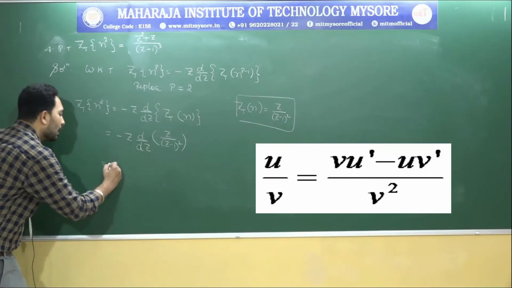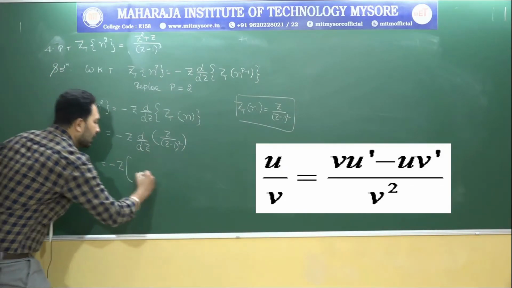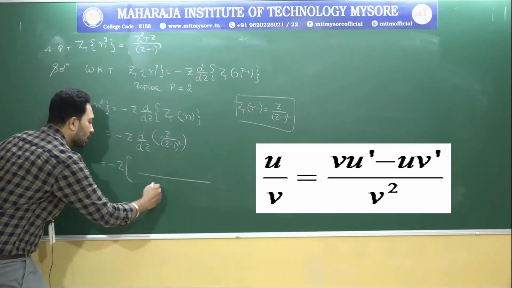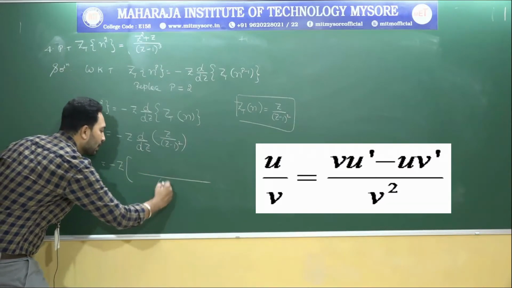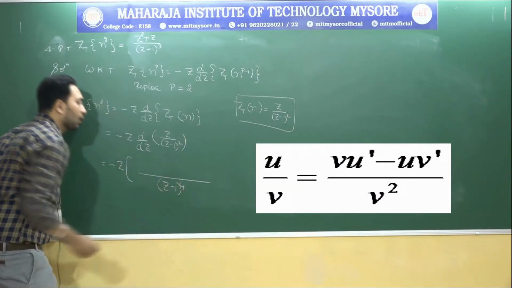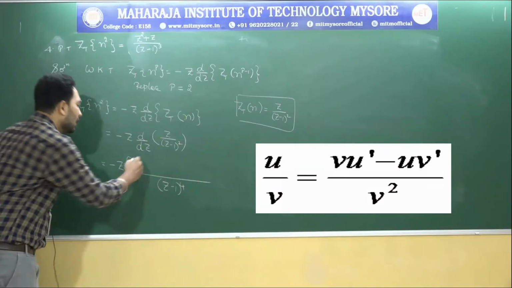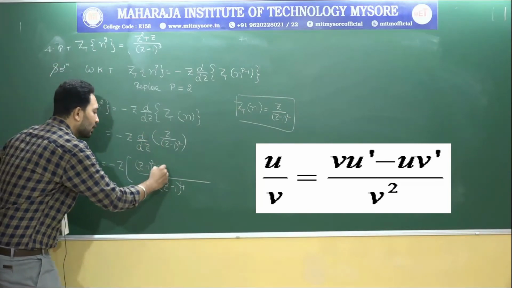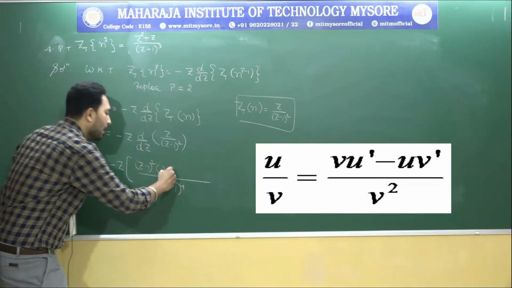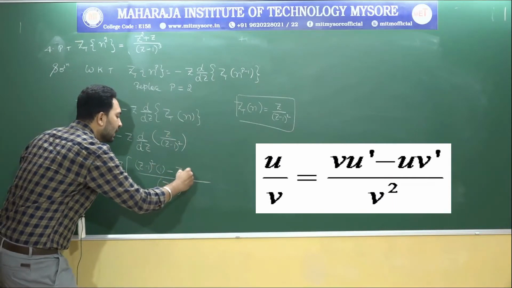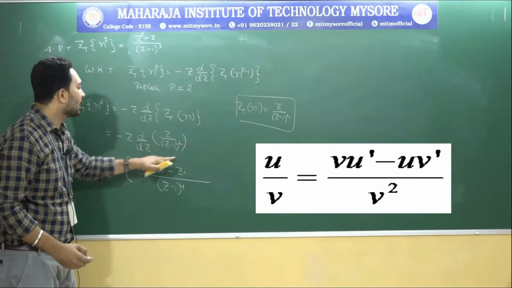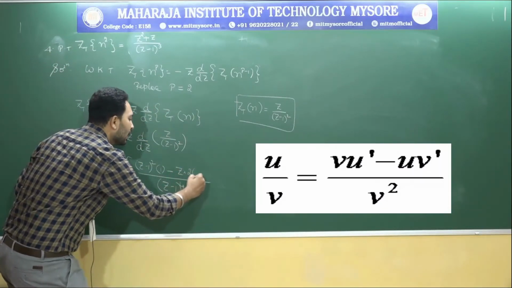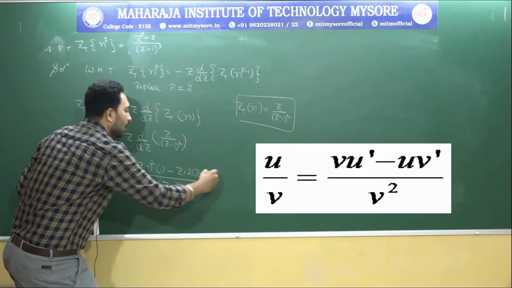U by v method means minus z into, as I solved in the last problem, denominator square: z minus 1 whole square becomes z minus 1 power 4. Next, denominator into differentiation of numerator, differentiation of z is 1, minus numerator z into differentiation of denominator z minus 1 whole square. Differentiation of z minus 1 whole square is 2 into z minus 1.